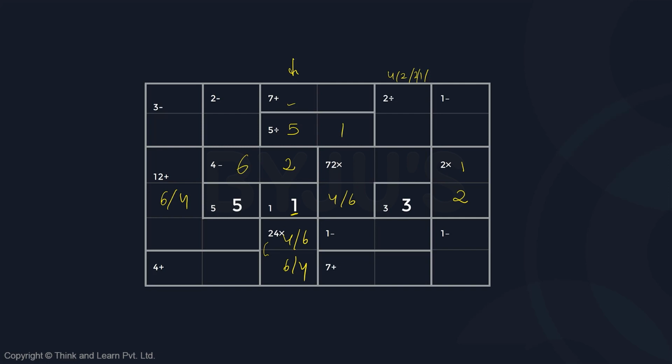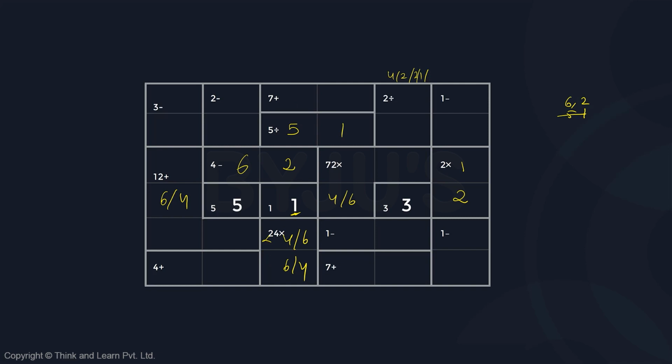A difference of 4 is only possible with 6, 2 and 5, 1. 1 is already here, so I cannot put it there. So this case is ruled out. I am only left with 6 and 2. And 6 is definitely in one of these two cells in this column, so 6 cannot be here. It has to be 6 and 2. So what is left now in this column?